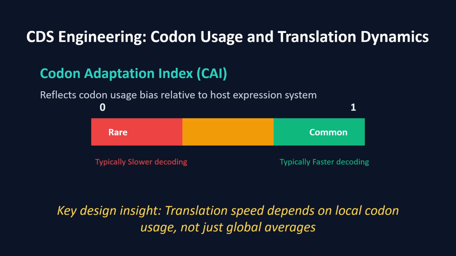But what we need to understand is that translation is not controlled by global averages. It is shaped by local codon patterns. Clusters of rare or common codons create pauses and accelerations that influence ribosome movement and protein folding.